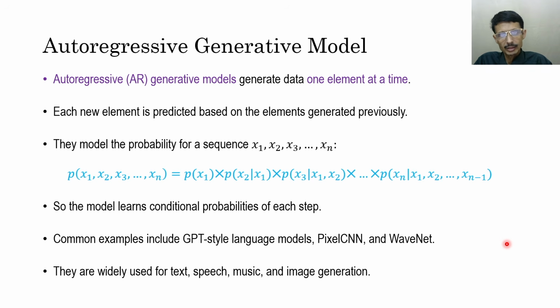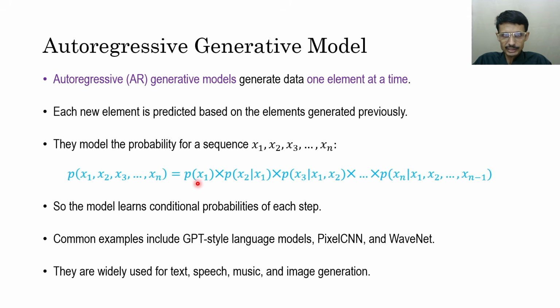Autoregressive generative models generate data one element at a time, such that each new element is predicted based on the elements generated previously, and that's the name autoregressive. They model the probability for a sequence x1, x2, x3 up to xn. This is p of x1 multiplied by p of x2 given x1.